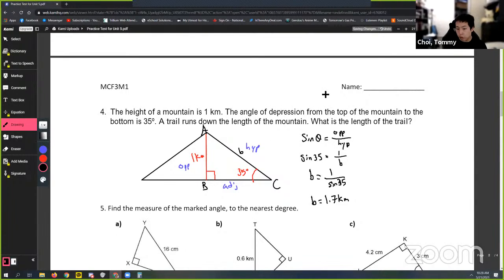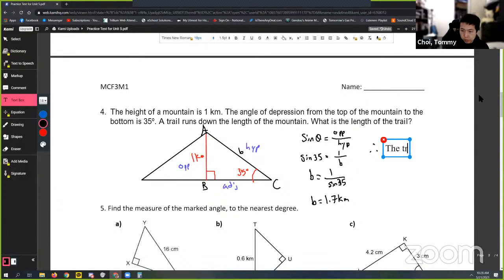So what is the length of the trail? The length of the trail is 1.7 kilometers long. Just like that.